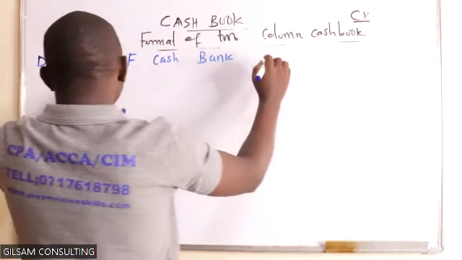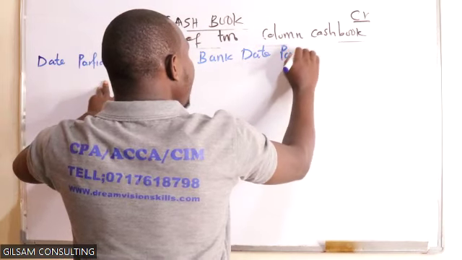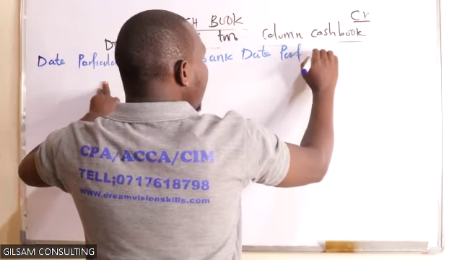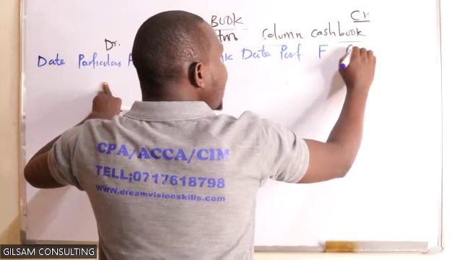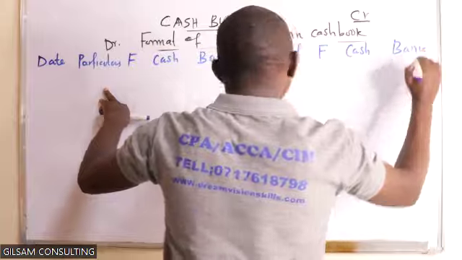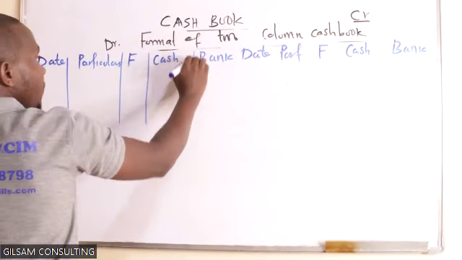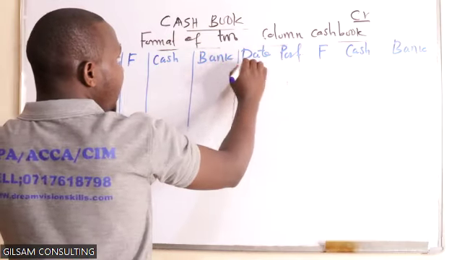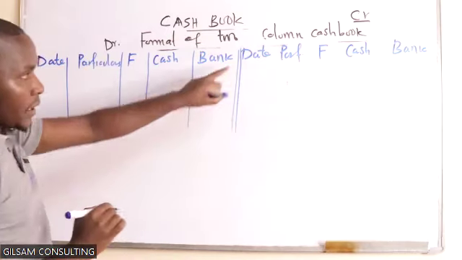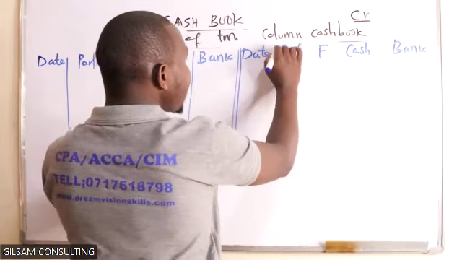You will have the same on the other side: date, particulars, folio, cash, and also bank. So here you can put two columns to show that you're moving to the debit part and credit part.